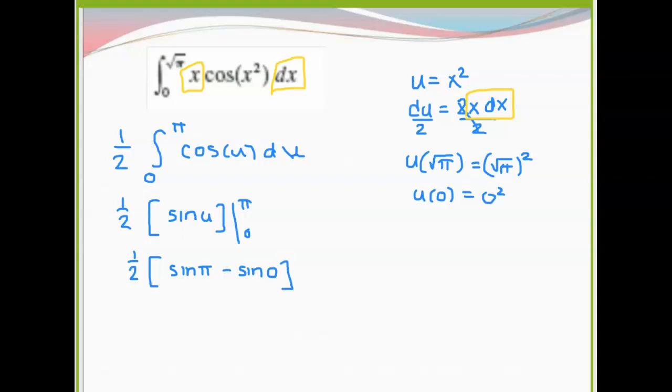Well, the sine of pi and the sine of 0 are both 0. 1/2 times 0 is 0. Don't you love when you get an integral of 0? Probably not. But it should make sense that your integral is 0.